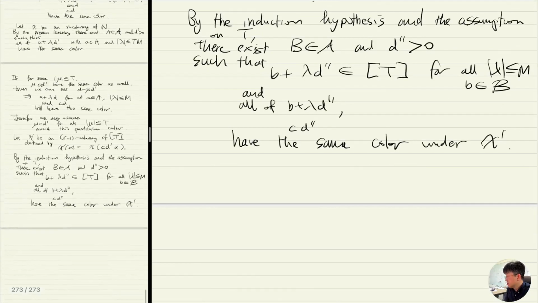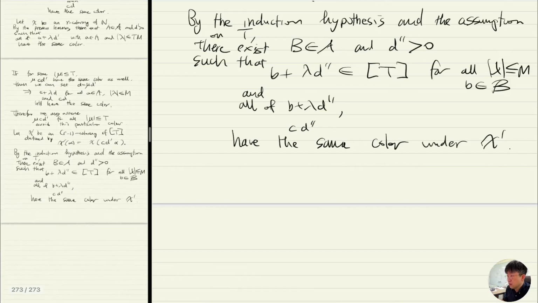Okay, why is this useful? Right, so let A be the set cD prime times B, and let D be cD prime D double prime.